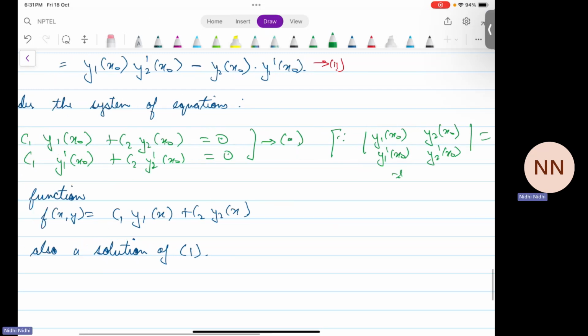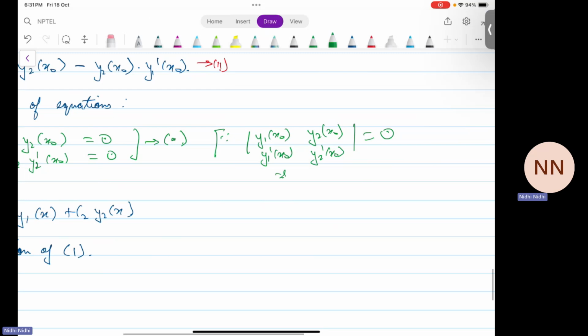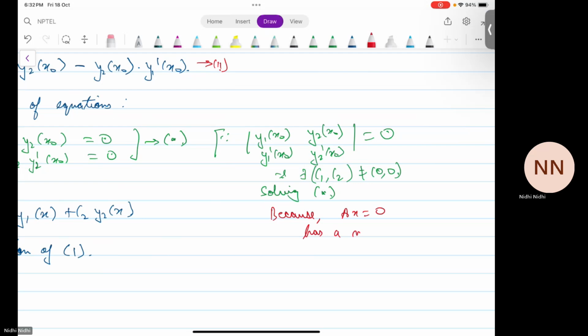We know that Ax equals 0 has a non-trivial solution if determinant A is 0.